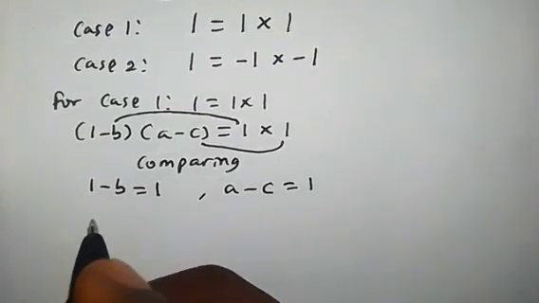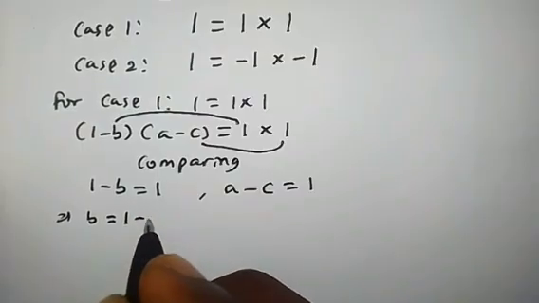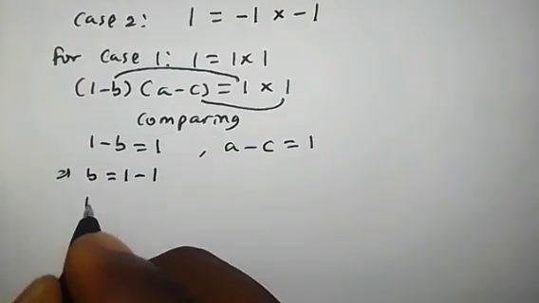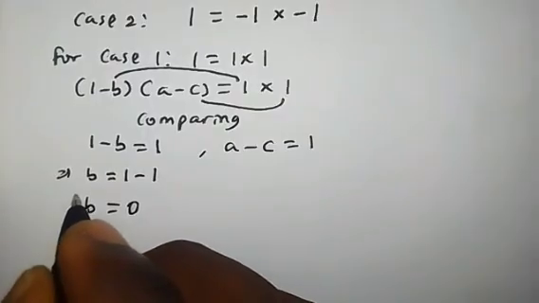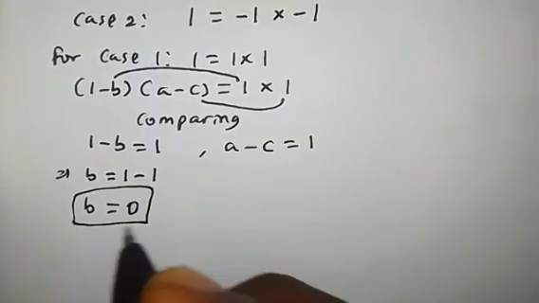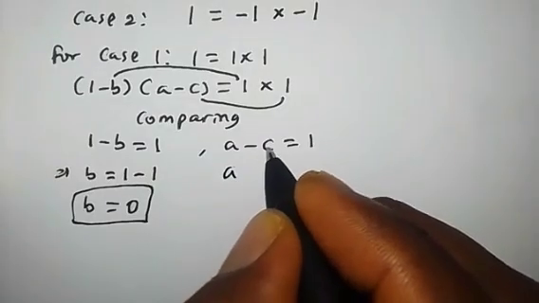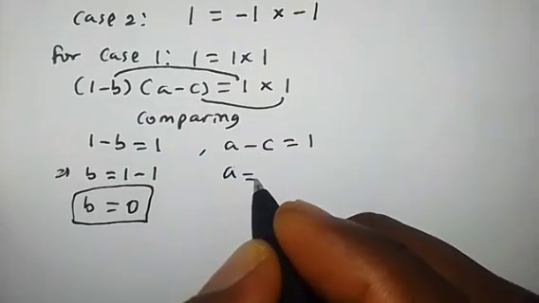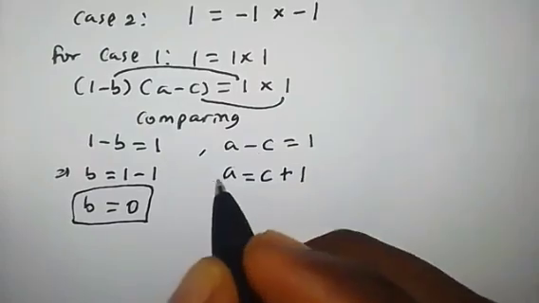From this line, it is obvious B = 1 - 1, that is 0. This is the value of B. Now, from this line, when we move -C to the right hand side, A becomes C + 1. Take note of this.